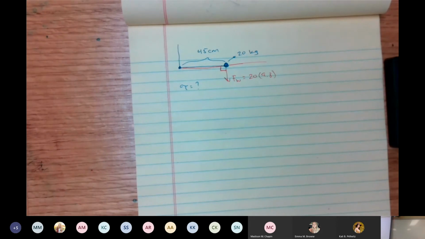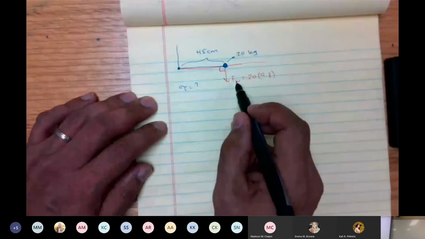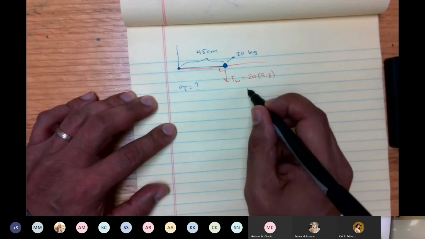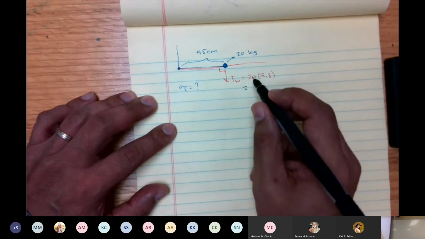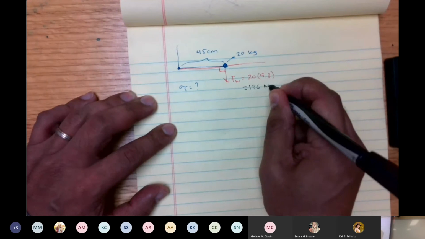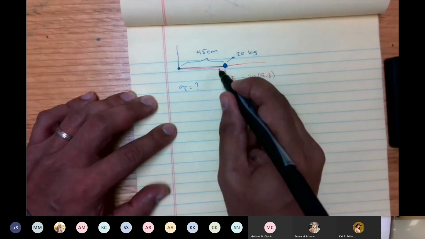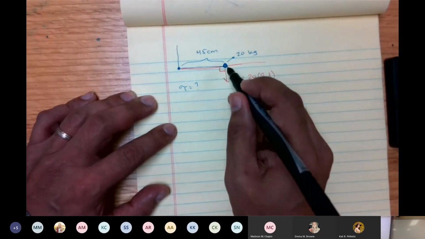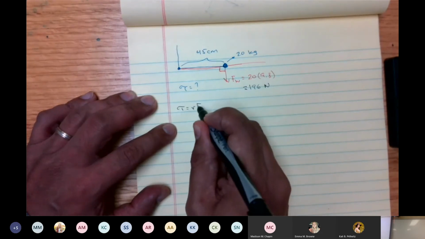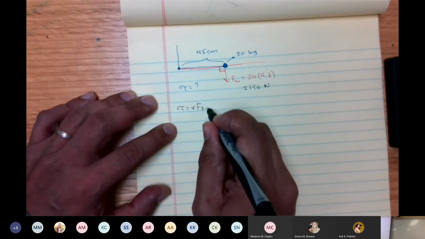Okay, so this force is going to be 20 times 9.8, which is how much? 196 newtons. This angle is going to be a 90-degree angle. So the way we calculate torque is R times the force times sine of phi.